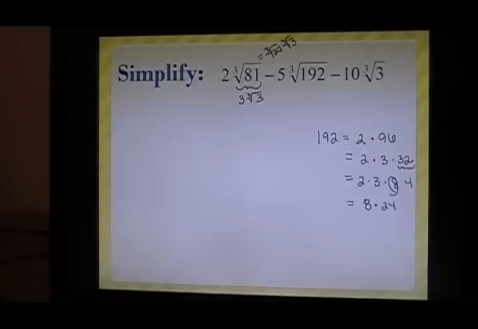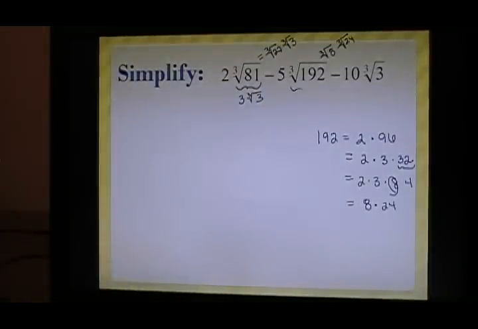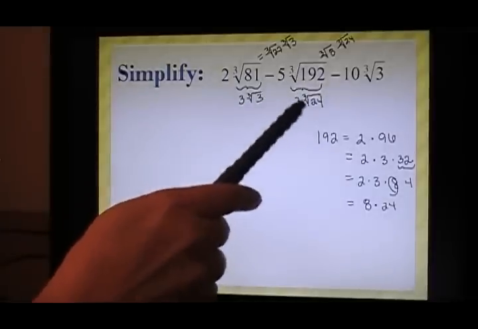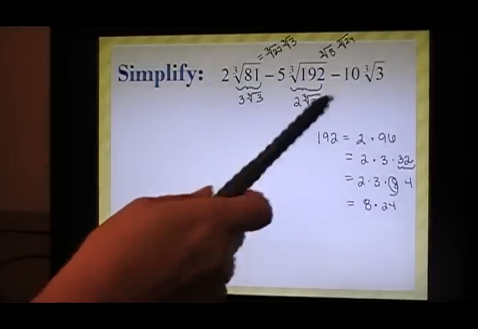So if I come up here and I write, so that's the cube root of 8 times the cube root of 24. The cube root of 8 is 2. Is it simplified if I write 2 times the cube root of 24? This is a simplification of this, but it's not fully simplified.